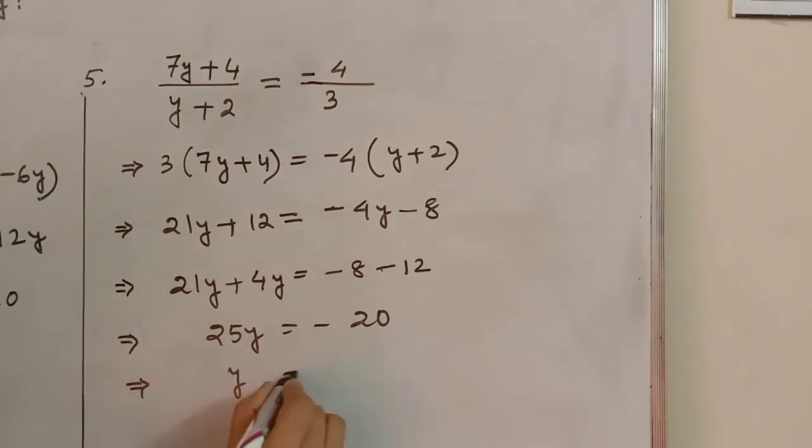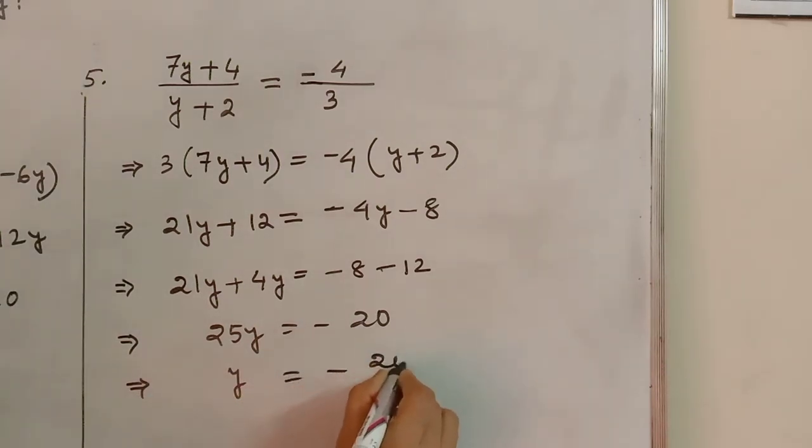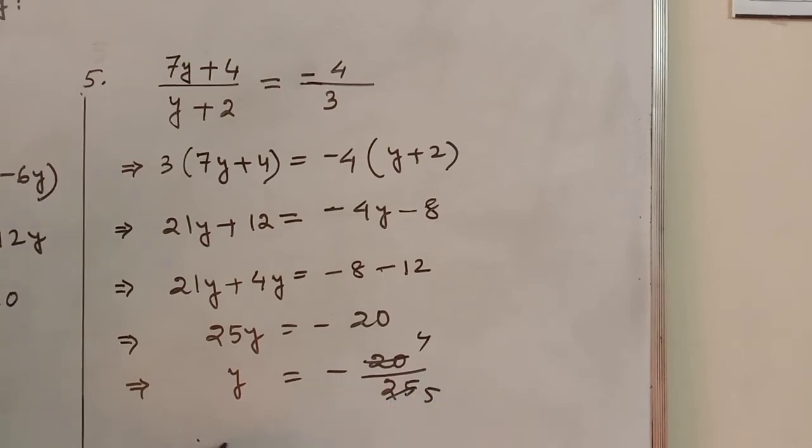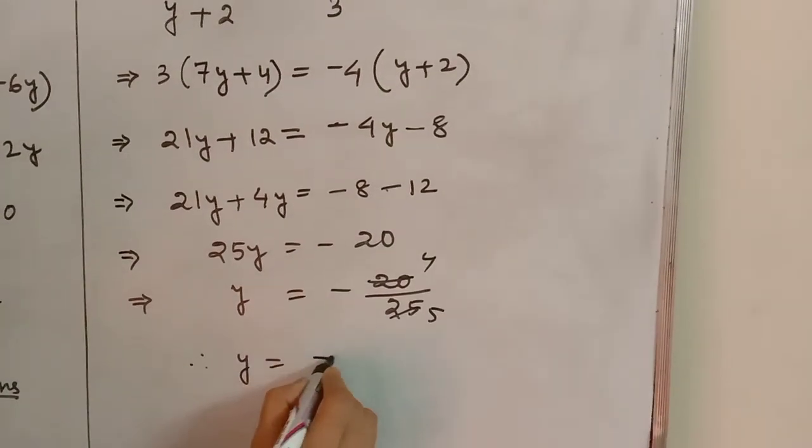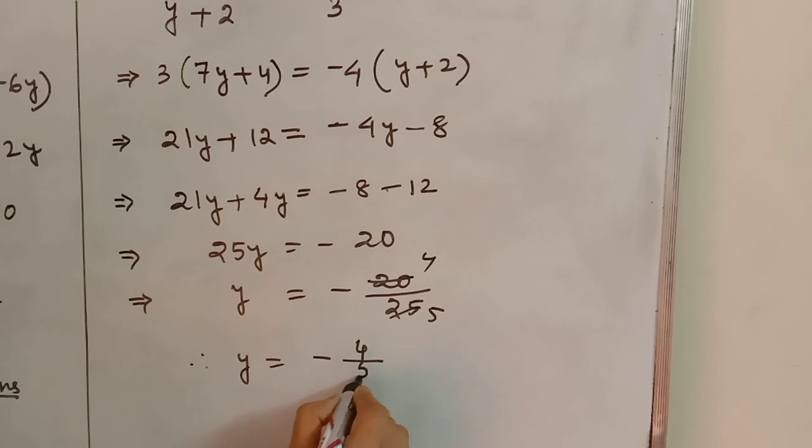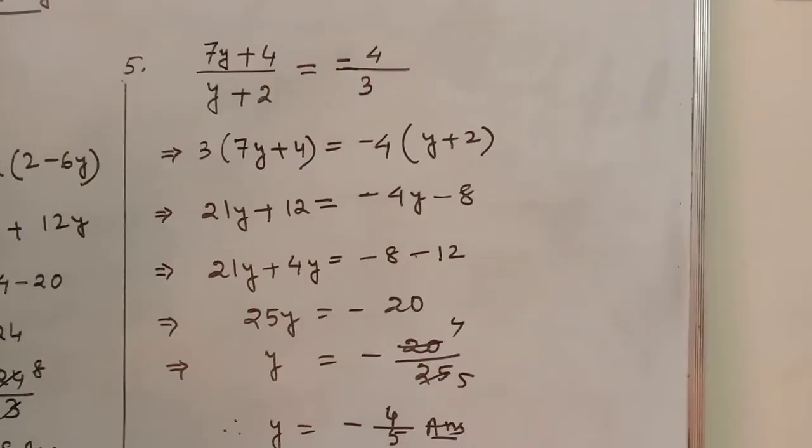Therefore y is equal to -20/25. Cancel it, 5 4s are 20, 5 5s are 25. Therefore y is equal to -4/5. Understood? You need to practice all these sums. Thank you, students.